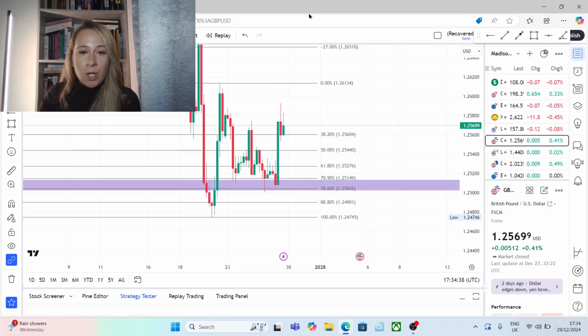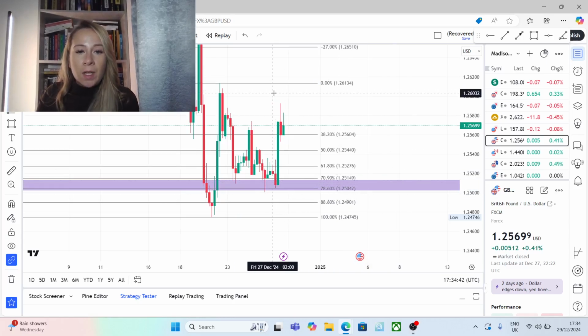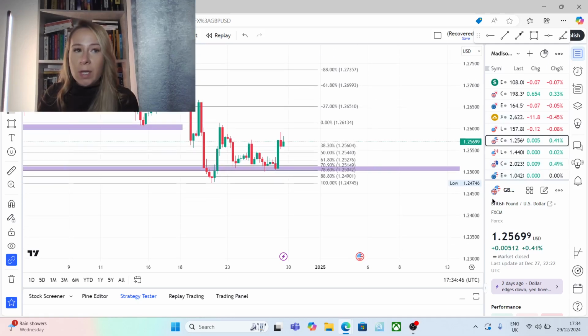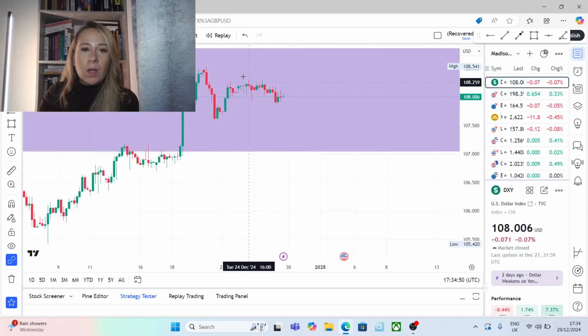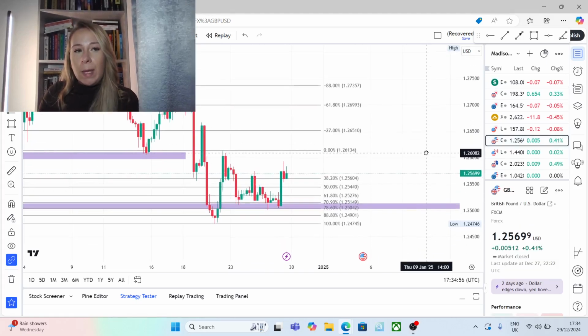I'm not sure if we had news, don't know what happened there, but heavily bullish. So I personally am quite bullish on GU at the moment. As I mentioned on the dollar index, we are at this resistance level, so that matches up perfectly with my bias on GU being long.